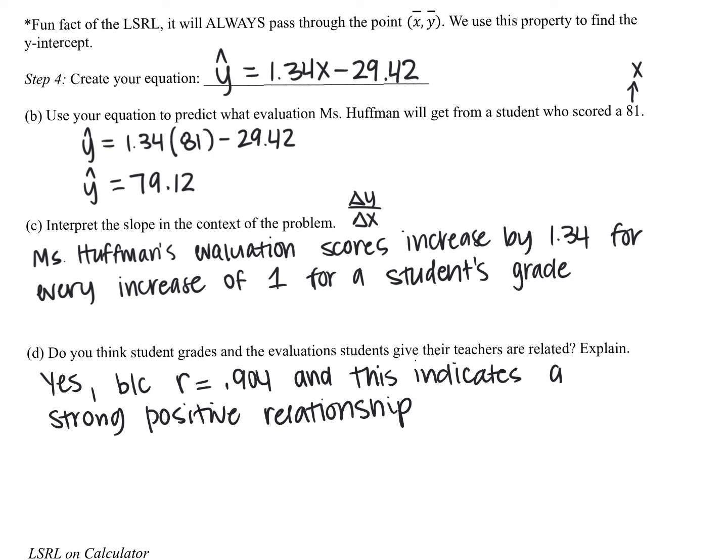The second reason, we can use values we plug in and compare them to the actual data. So we don't have a score of 80 or 81 or 82. So the closest score we have in our data set is an 85.